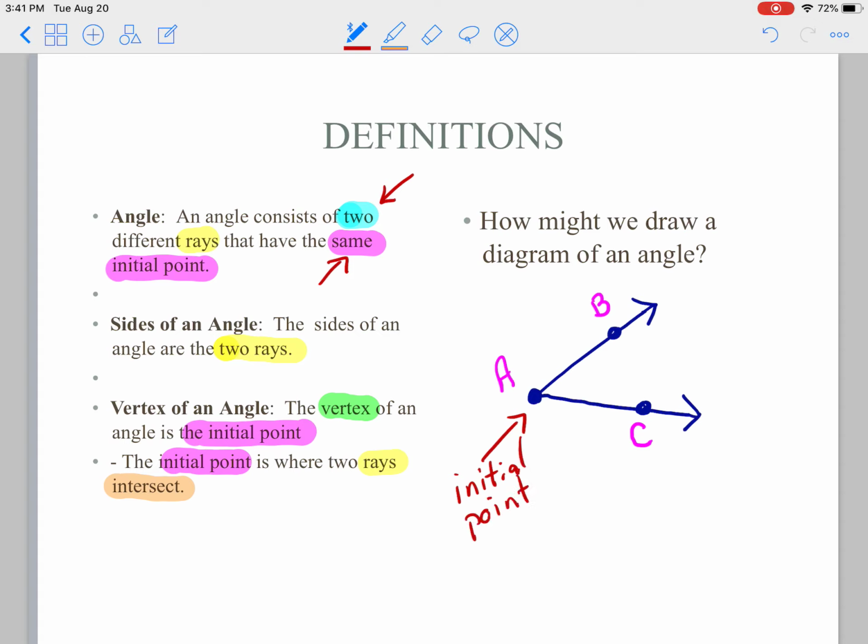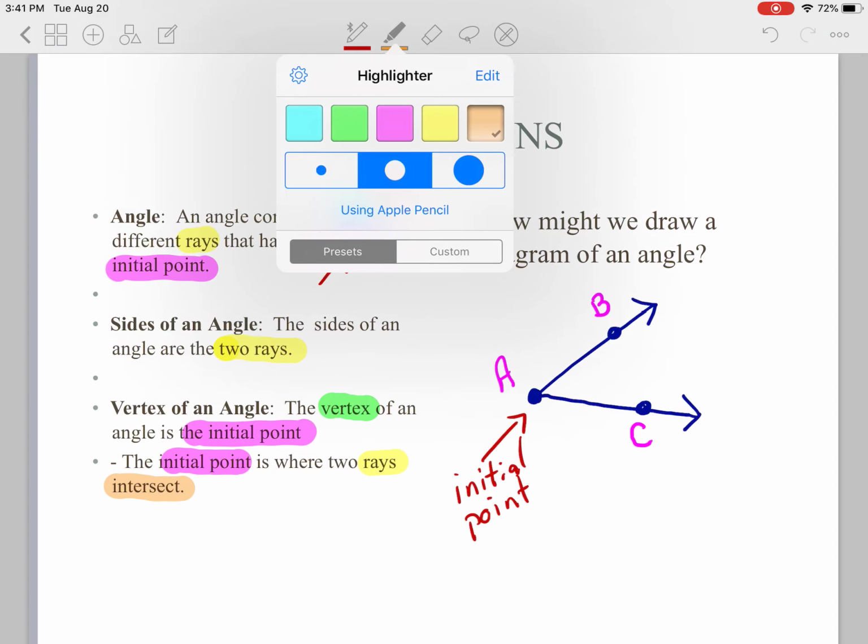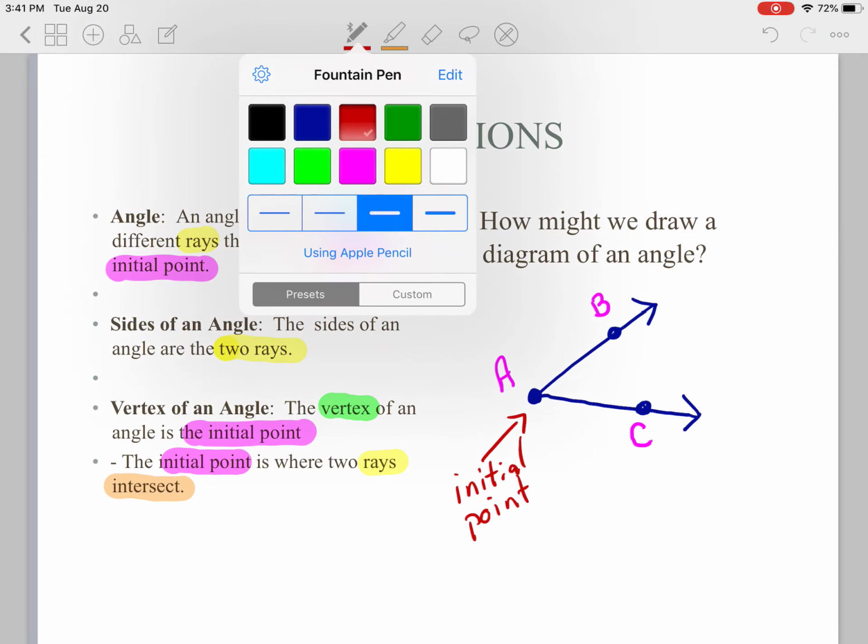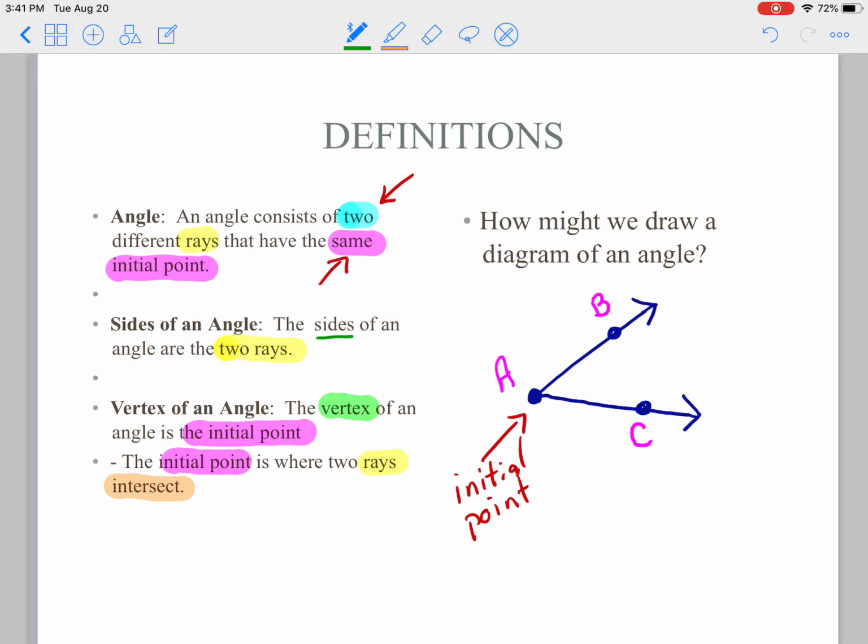Okay, next, the sides. So if I were to look at the sides, and I'm actually going to underline it with green, the sides. So our sides of the angle are actually the rays themselves. Okay, those are the sides of the angle. And then finally, the vertex. It looks like I've actually written vertex in green already.